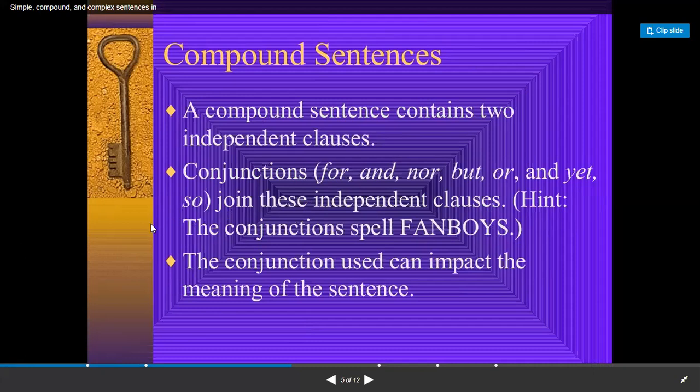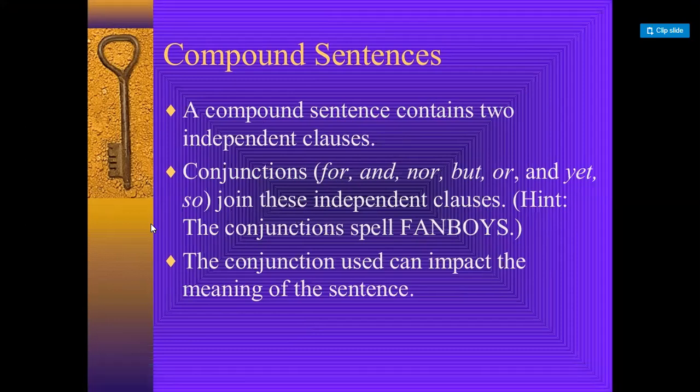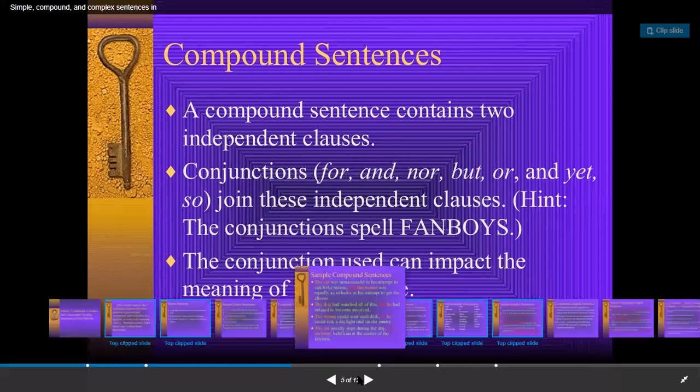These are called fanboys. If you find two independent clauses and we join them with one of the fanboys, so it's a compound sentence, not a simple one. The conjunction used can impact the meaning of the sentence.